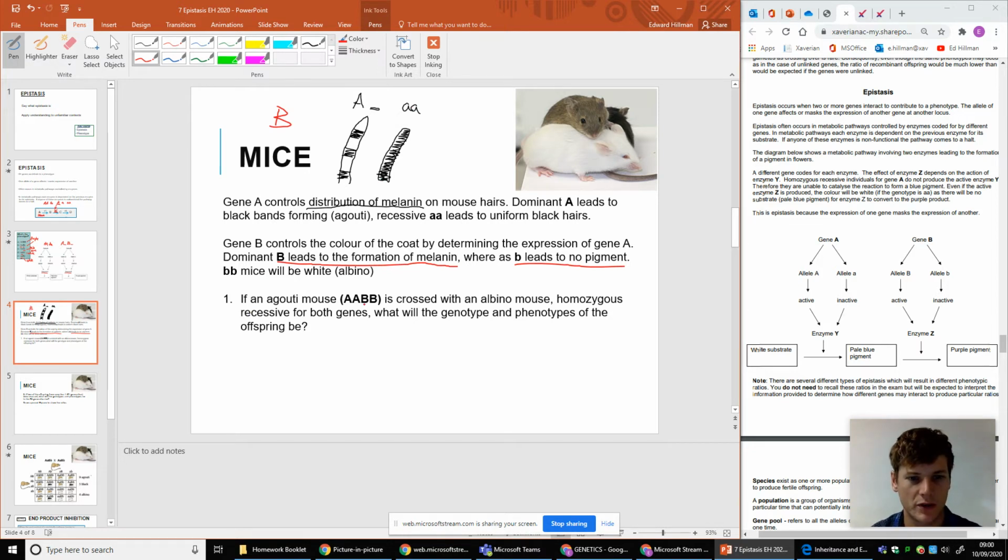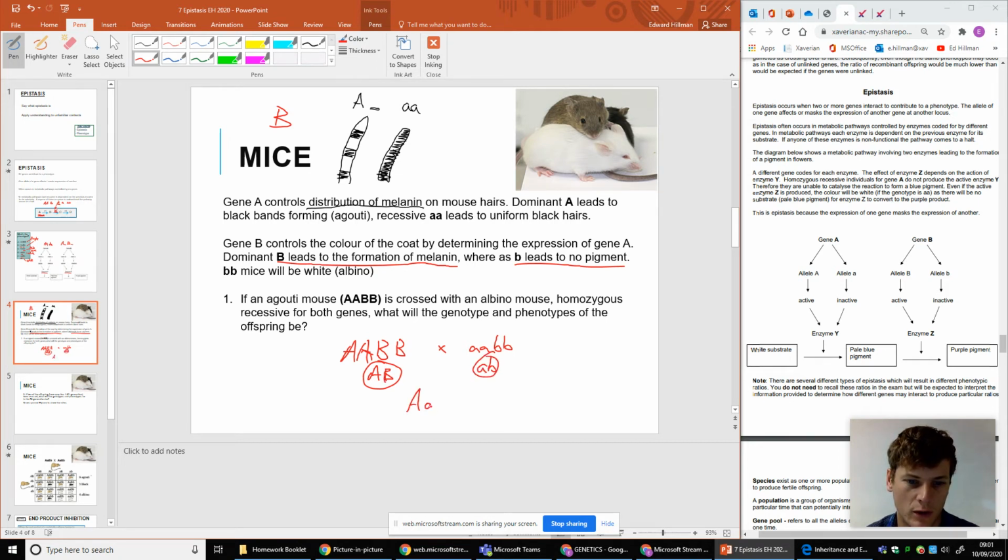So if an agouti mouse, homozygous dominant for both genes, is crossed with an albino mouse, homozygous recessive for both genes, what will the genotypes and the phenotypes be? So homozygous dominant crossed with homozygous recessive. The only gametes that can be produced here are both dominant, and the only ones here are both recessive.